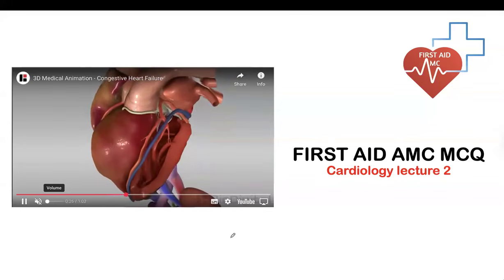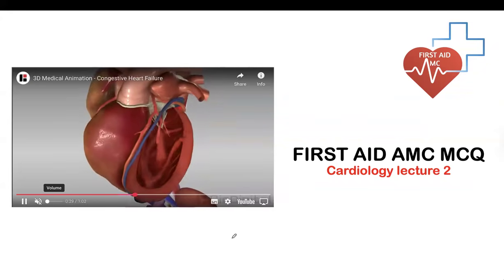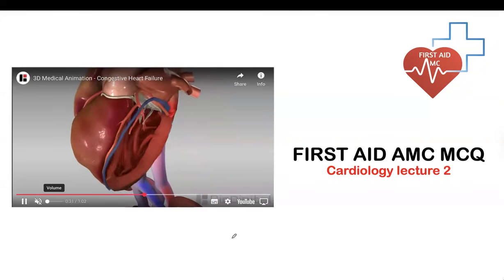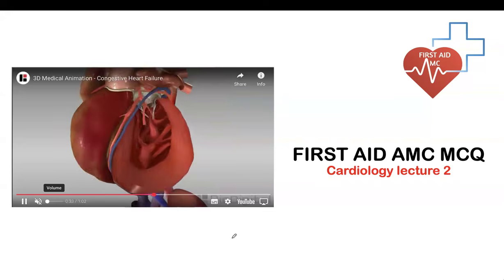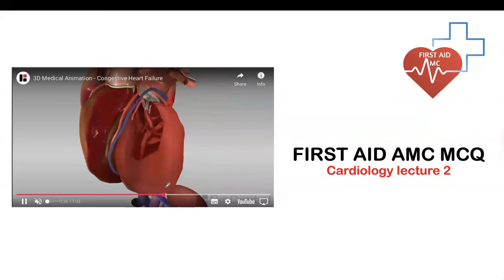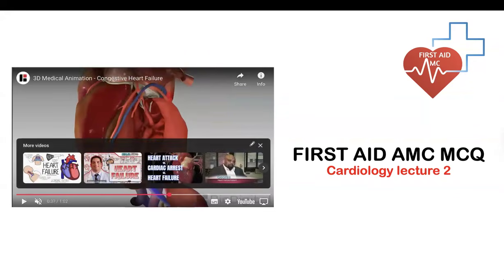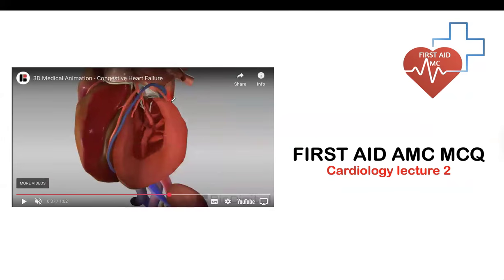So when a heart does not function properly, sometimes this contraction will not work, or sometimes the relaxation will not work. Now you can see that when the heart needs to work harder, like let's say someone has ischemic heart disease, their heart muscle doesn't remain that strong anymore. So it can't push the blood as it should. To compensate for that weakness, it starts to become hypertrophied.